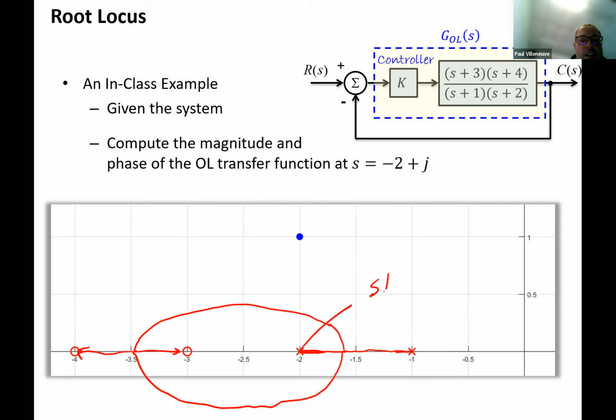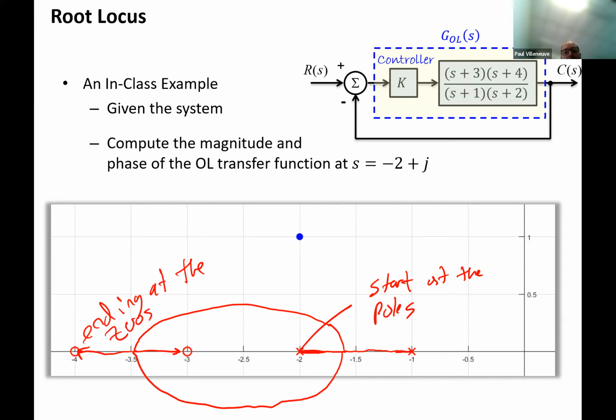So we're starting at the roots for the poles and ending at the zeros. It's really helpful to look at this one because we have two poles over here.